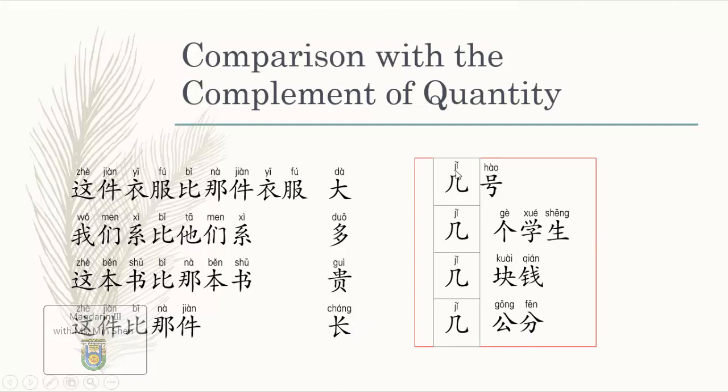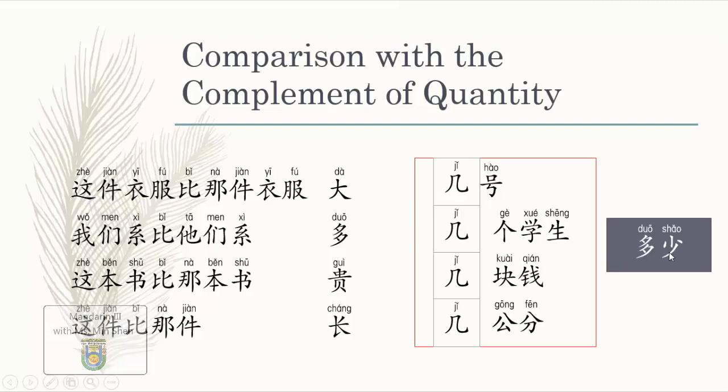Of course, if you don't know the number, we can use 几 to ask about it. And we also can use 多少. 多少 and 几, we can use both of them to ask about numbers. However, 几 means a small number or a certain number, while 多少 means any number; it can stand for any number.